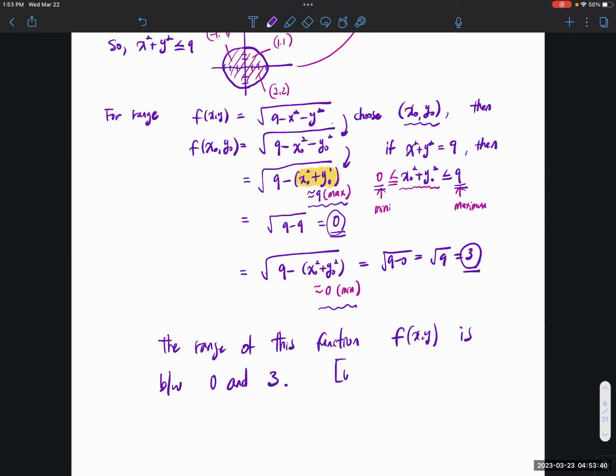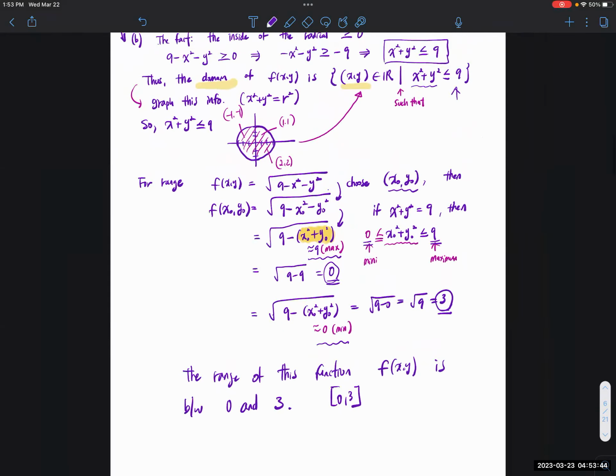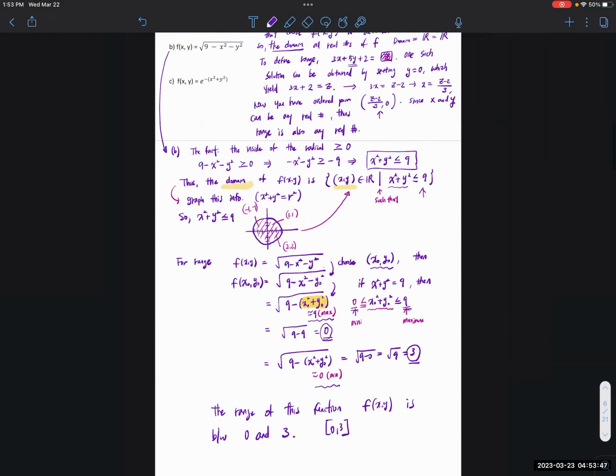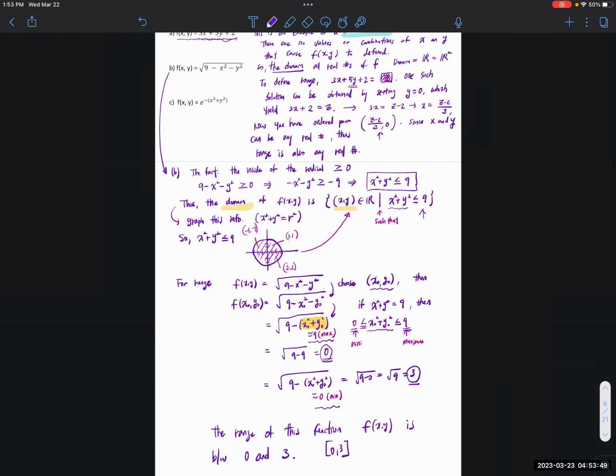So the notation is going to be, this is your range. So that's the answer for letter B. You can find the domain and range of that. I hope this is not complicated. You can manage that. So that's how we're going to solve letter A and B both.